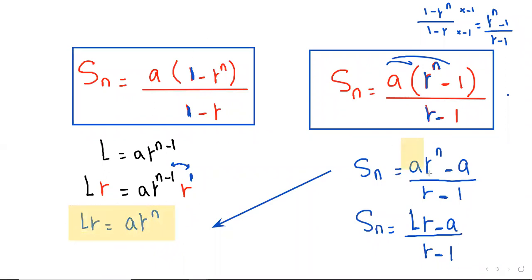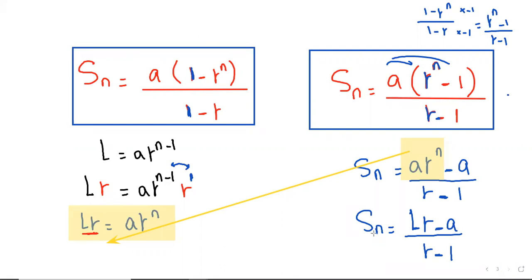And here we have A R to the power of N. So we can substitute, instead of A R to the power of N, we will write LR. So it's LR minus A over R minus 1.